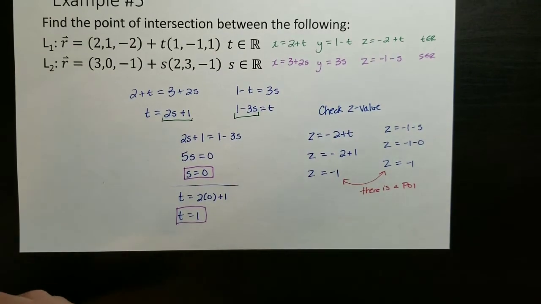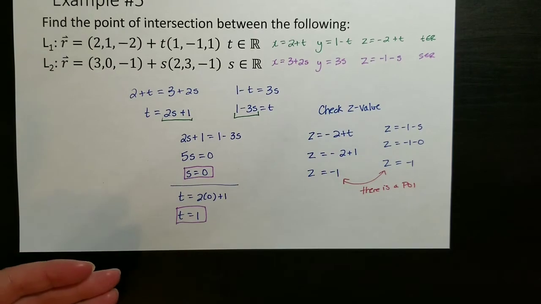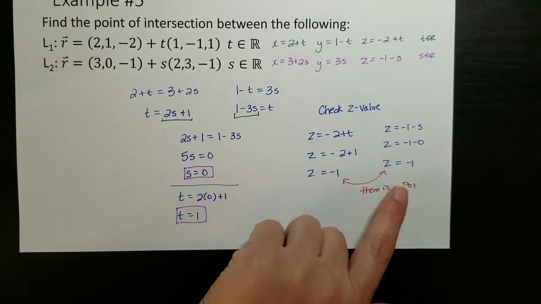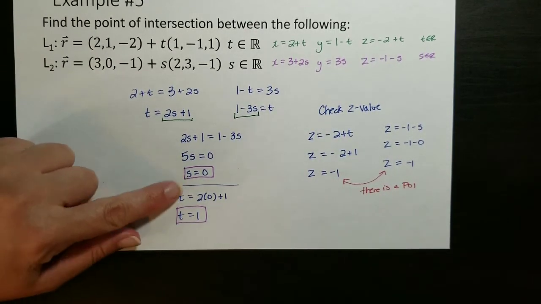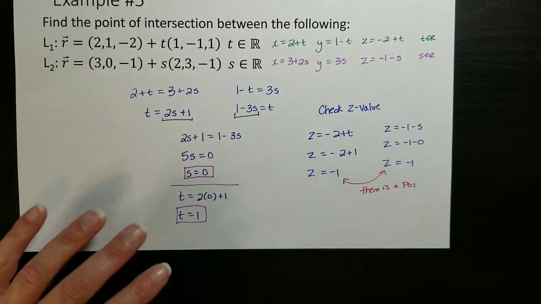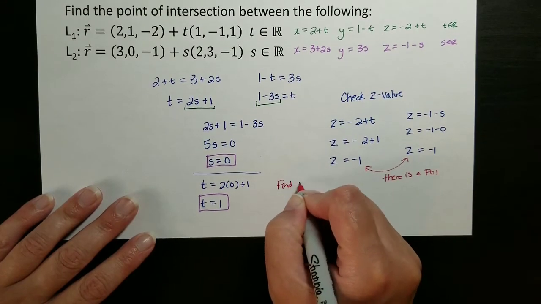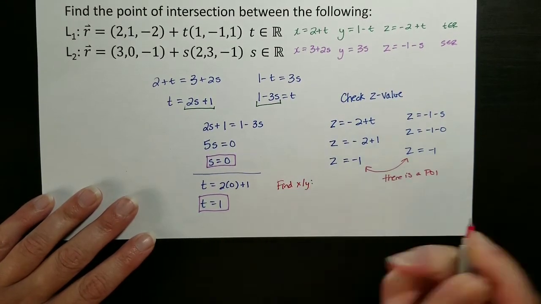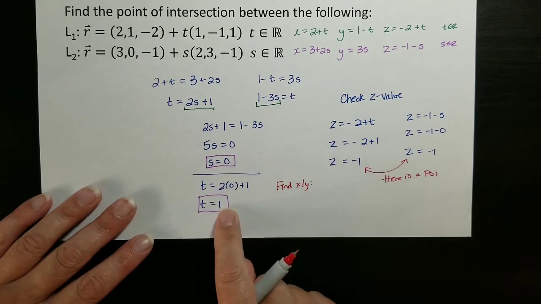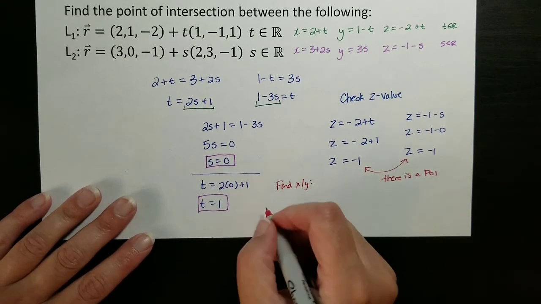Now, be careful, because when we say a point of intersection, we need the x and the y and the z, but we don't have that. We've just got the z, which is negative 1. We have to take these and figure out what the x and the y are. So I'm going to find x and y. You could use either the s or the t, but I feel like it's pretty easy to use the 0. So I'm going to be a little bit lazy.